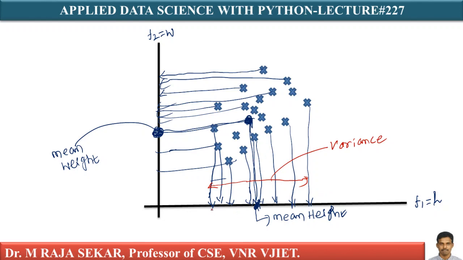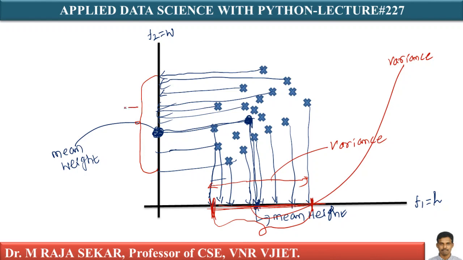In a similar manner, this is the variance on the weight axis.